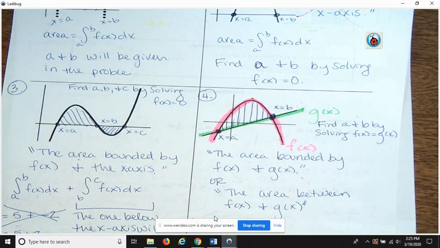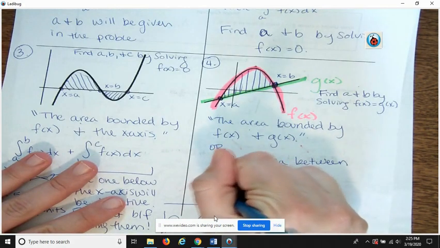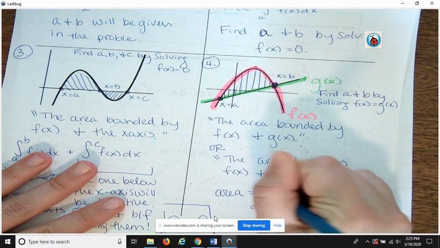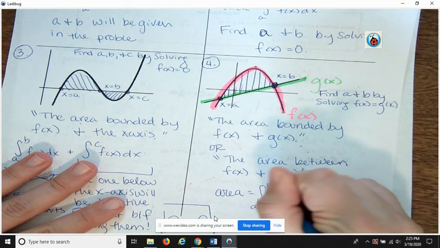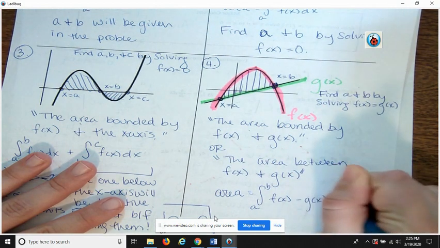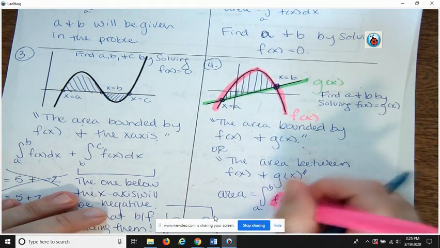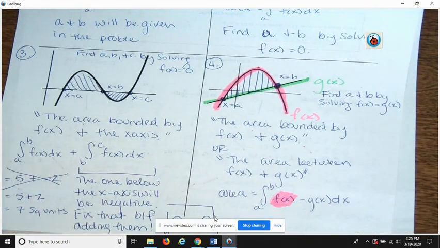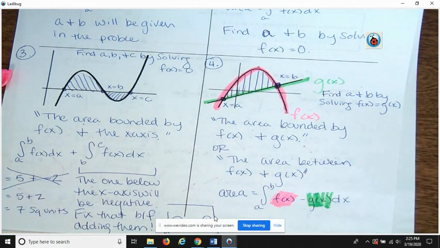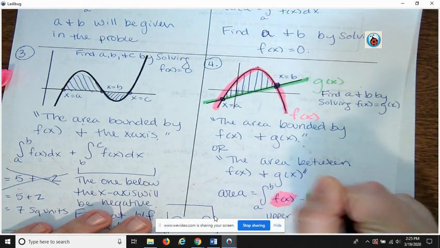And then our area will be calculated by integrating from a to b, and we would take f of x and subtract g of x from it. We would do this because we want our upper function first and then our lower function. So this is upper minus lower.